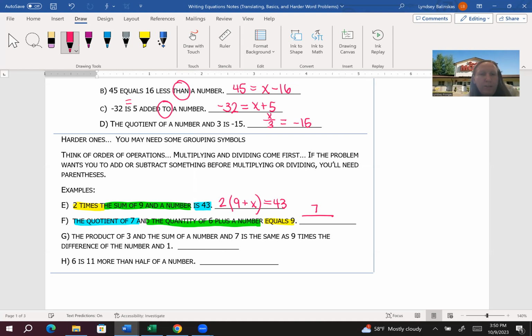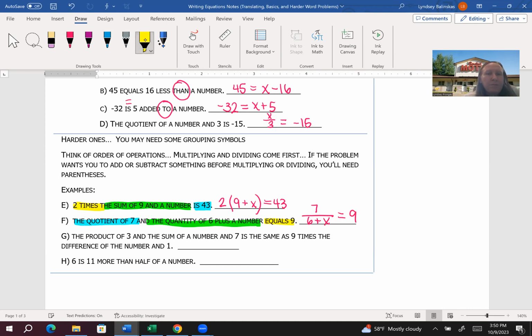And then with the quantity of 6 plus a number. So that 6 plus x actually goes on the bottom there. Okay, and when we write it like this, we actually don't need to put that 6 plus x in parentheses, even though that does have the addition going on there. Because when you write it together in the denominator, it's like an implied grouping there. So we don't need to put that 6 plus x in parentheses because it's grouped together in the denominator. And then equals 9.